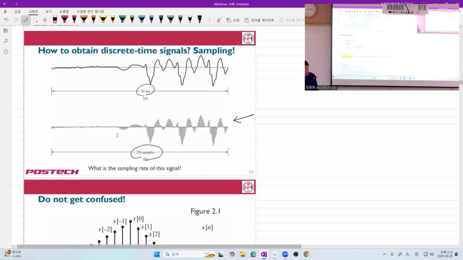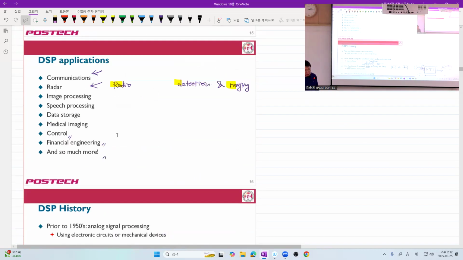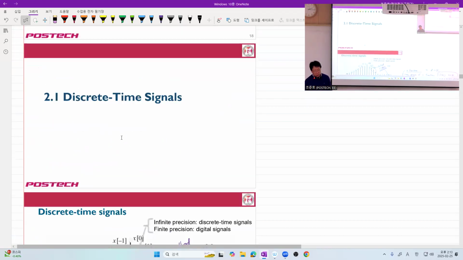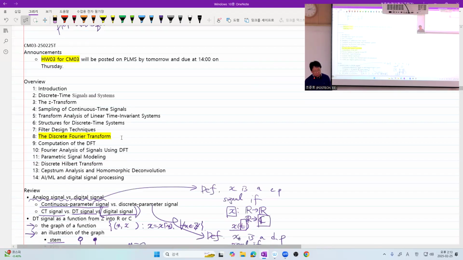So last time we've seen something like this. Digital signal processing is more flexible. Computational complexity is much lower. Speed is much faster. Precision is much higher than analog signal processing or analog signal processors, something like that.